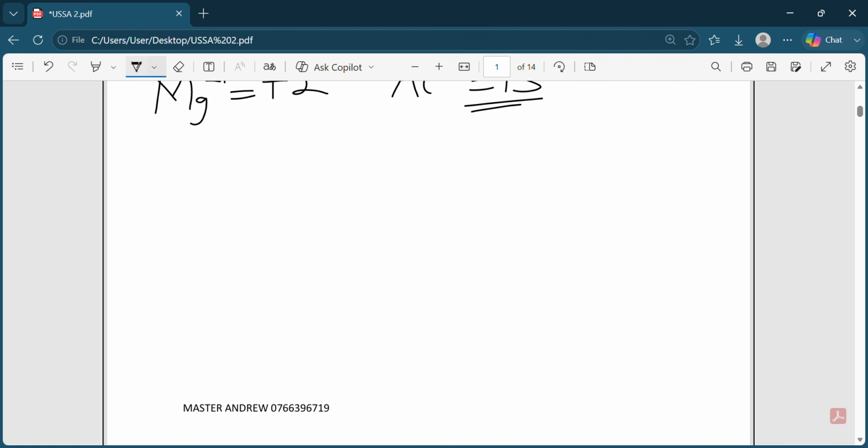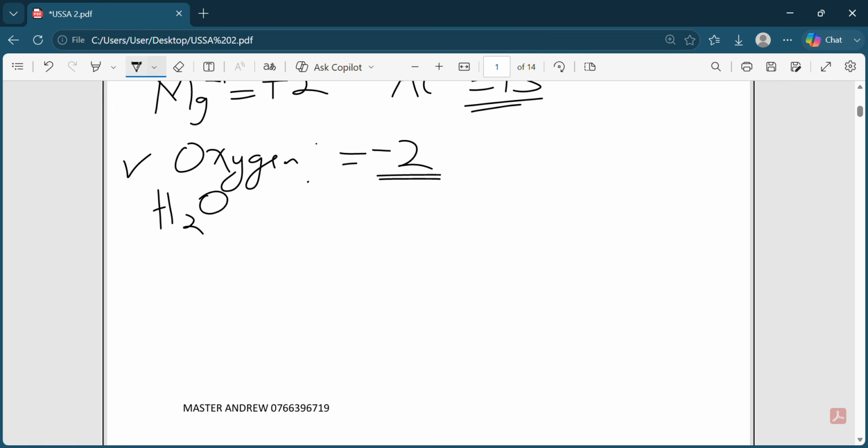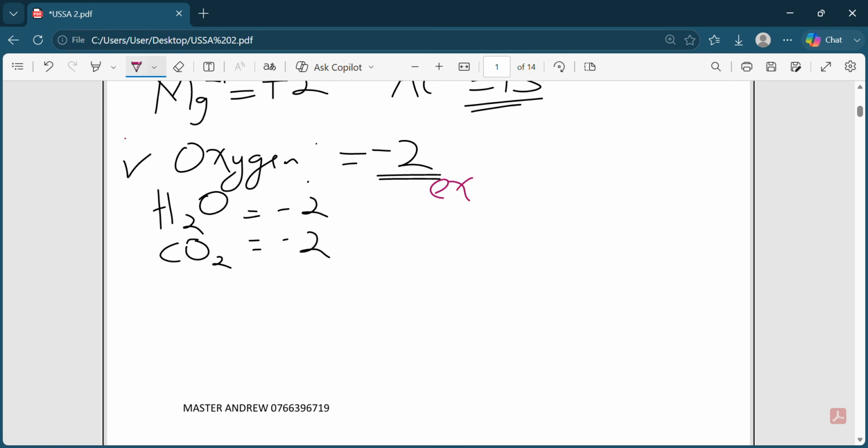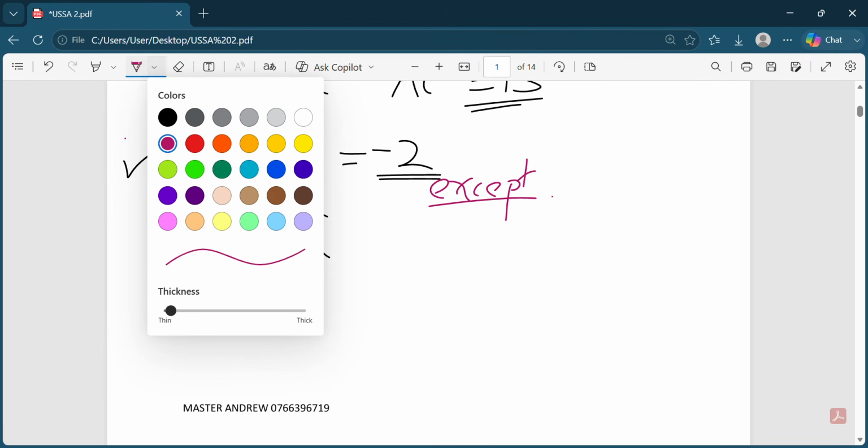Then the third rule is for oxygen. Normally, its oxidation state is always going to be -2. In water, its oxidation state will always be considered as -2. Even in carbon dioxide, we shall always be considering its oxidation state as -2. But we have an exception for some specific compounds.